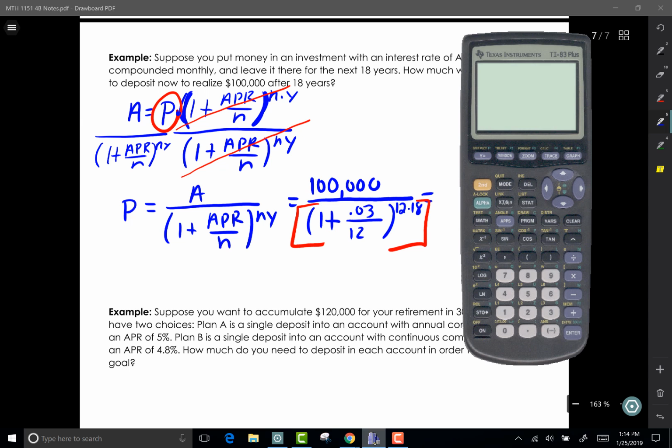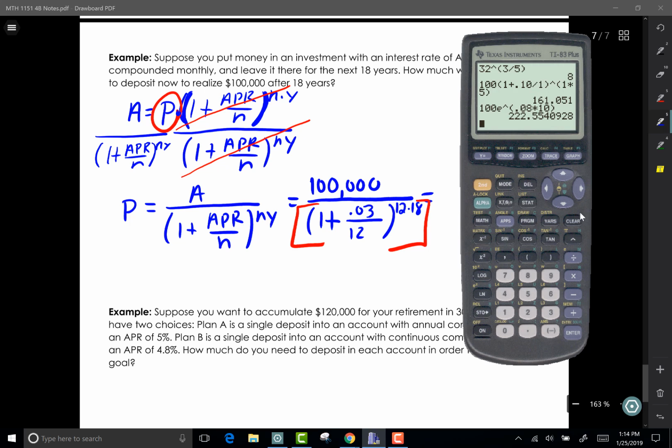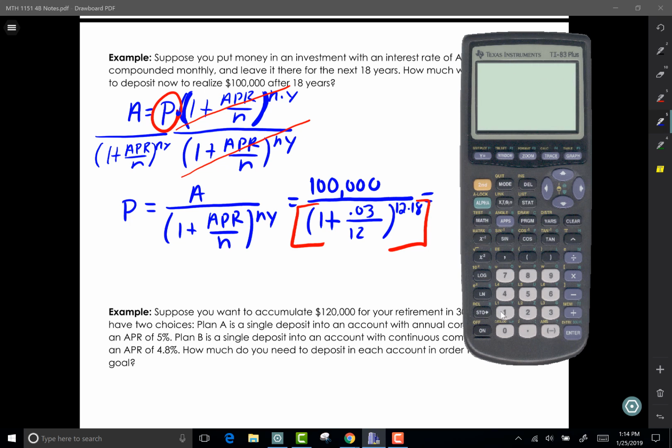So, I have 100,000, and I'm going to divide by 1 plus 0.03 divided by 12.